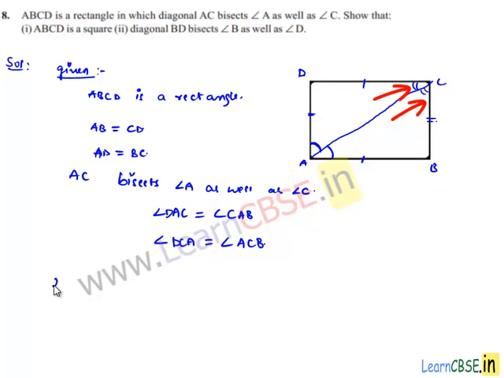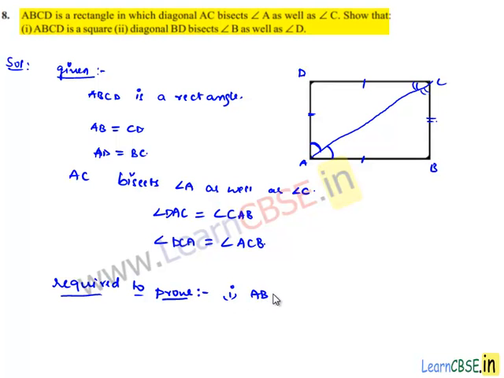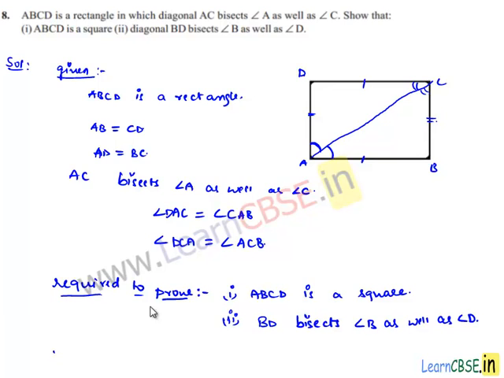Now he asked us to prove that first thing, ABCD is a square, and secondly BD bisects angle B as well as angle D. So now in order to prove this, let us follow a procedure.